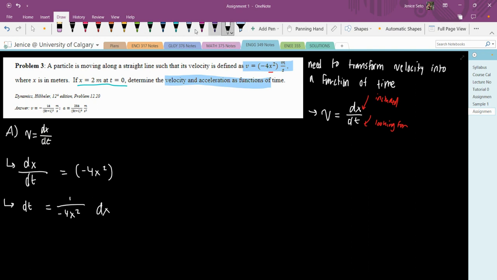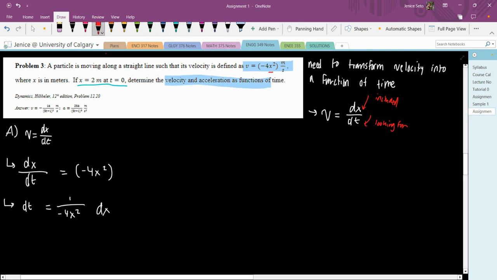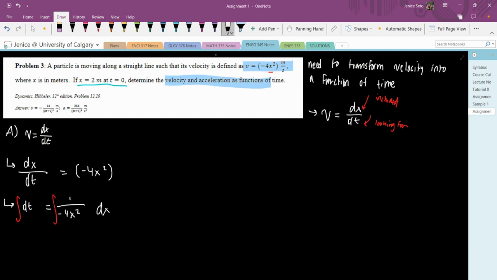Okay, so the next part, we are going to integrate both of these sides so we can get t on its own. So let me just write the steps that we did as well. Move dx with x's, and this is integrate. Okay, so we are integrating with the bounds.